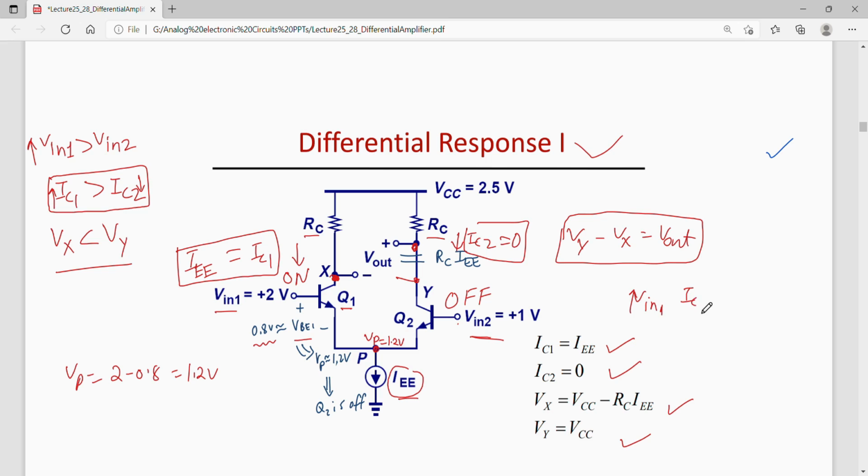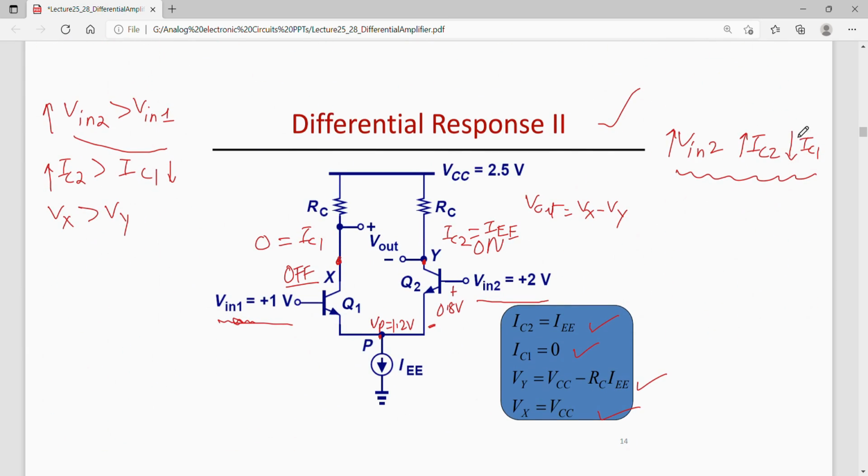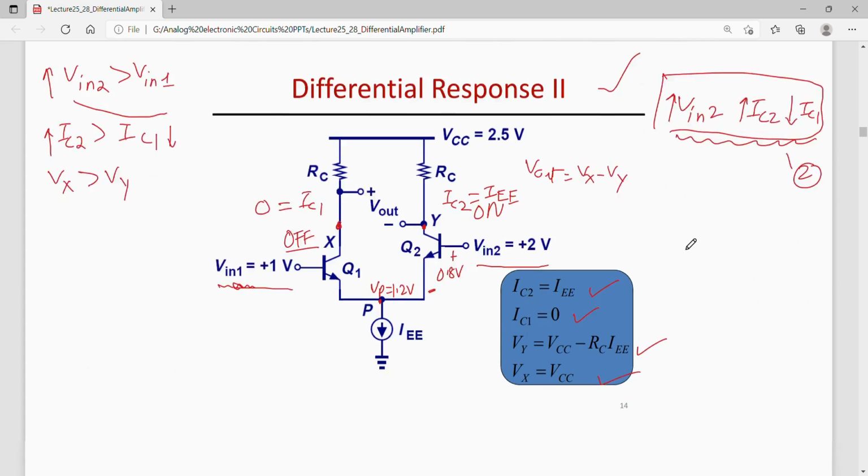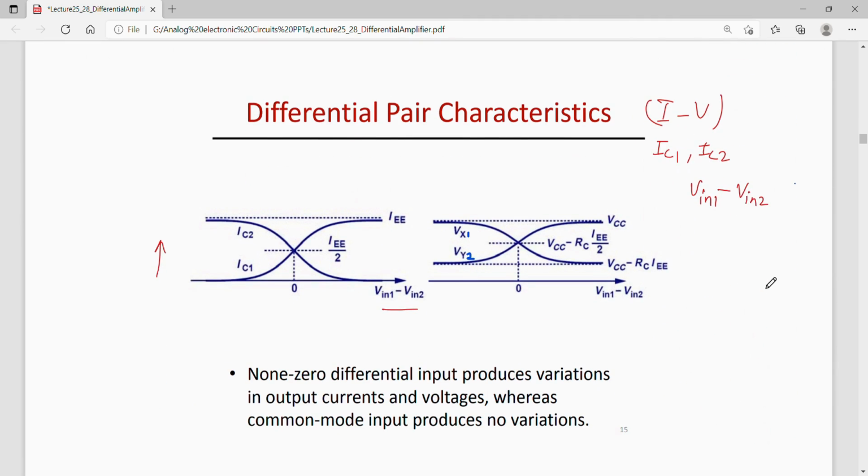So I can plot the IV characteristics by knowing these two things. That is, this is one, and the other one is this one. So let us plot the IV characteristics knowing these two things.